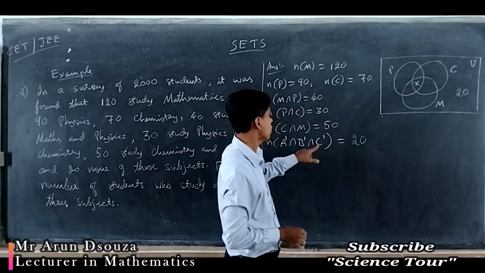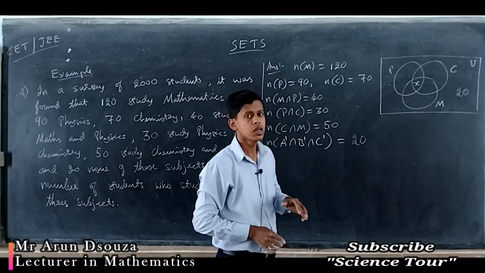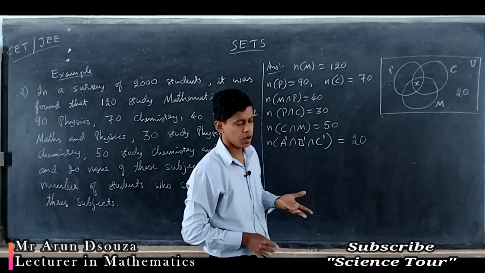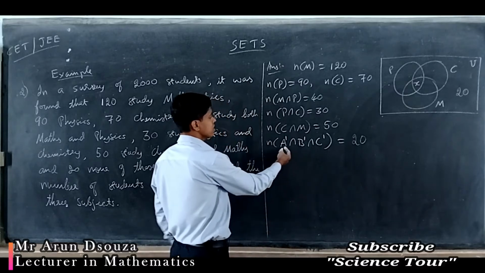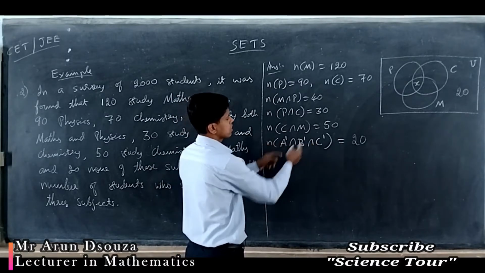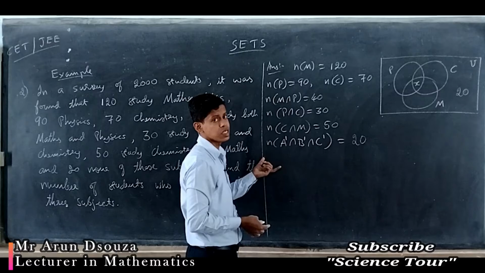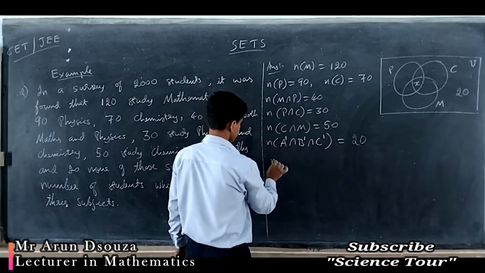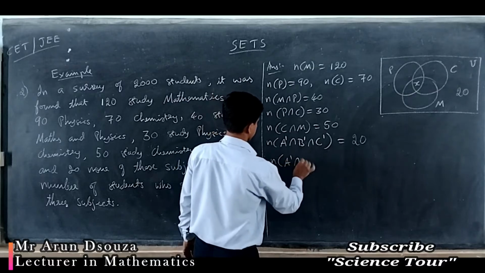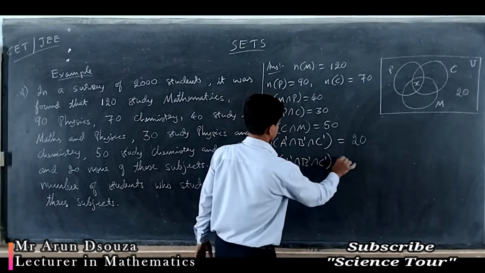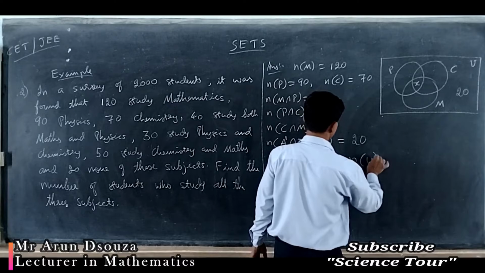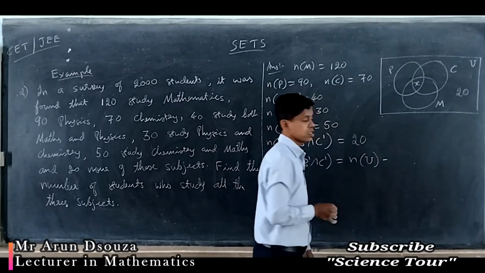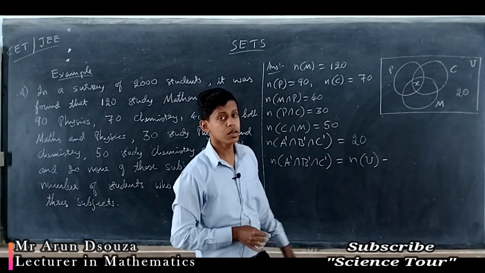Now we have to find the union, let us say. Now what is this A dash intersection B dash intersection C dash? None of ABC is nothing but n of universal minus, see in the universal how many are there?